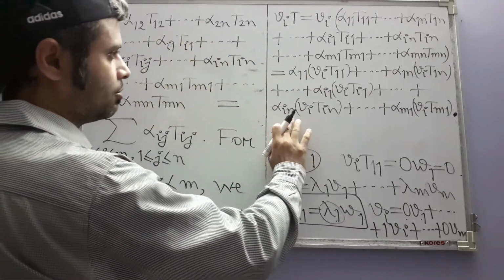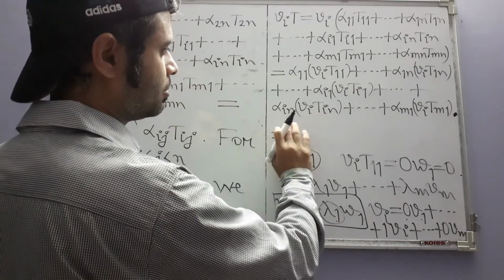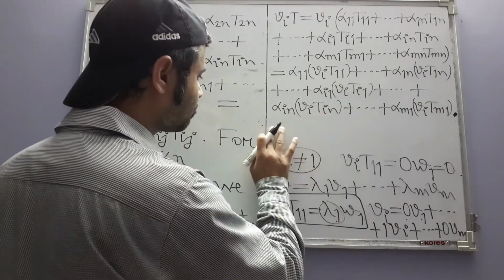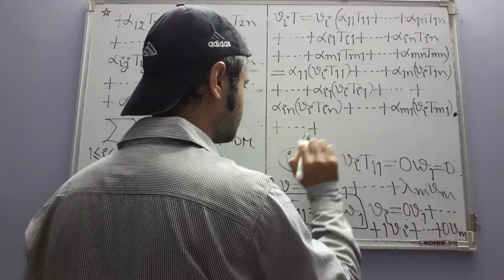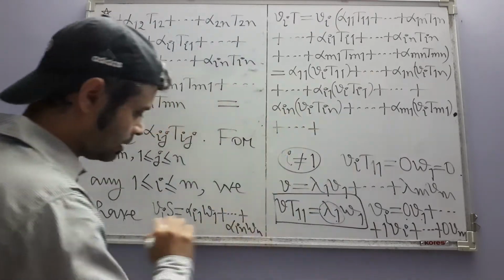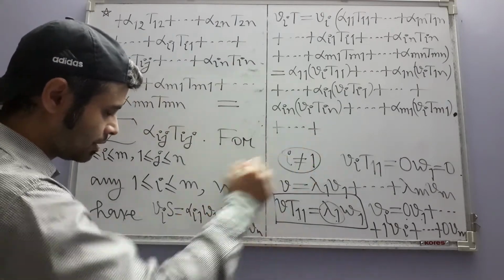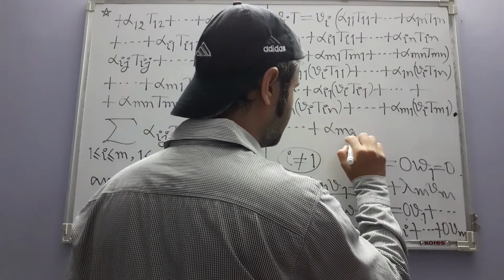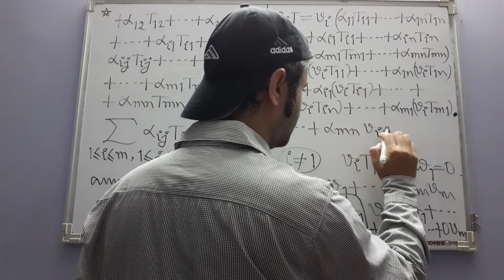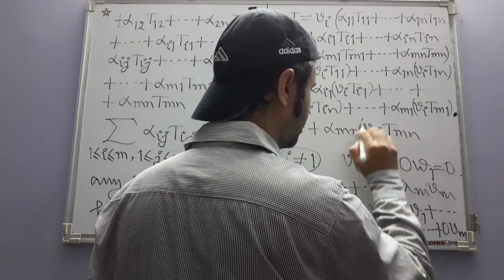I think I wrote something wrong here. Oh, I did not finish writing the sum. I brought it from there to here, and I forgot to finish the sum: alpha mn, vi T mn.